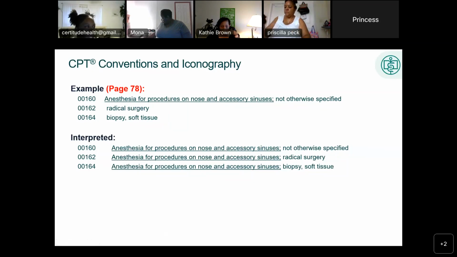But is everybody able to look at their book and understand the indentation of the previous codes to the next code? Yes. Okay. It'll come with practice for sure.